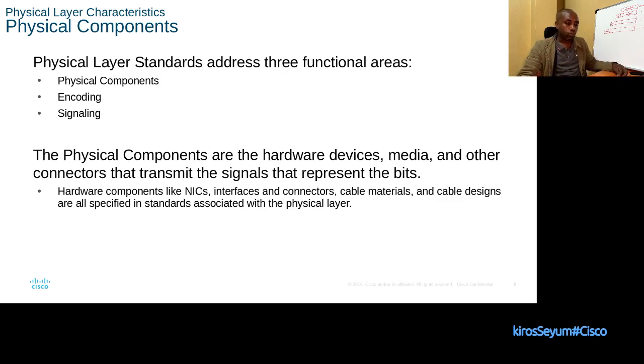You have to convert it into some kind of encoding, and from that you need some kind of either modulation or some signal conversion, so that it will be convenient for transmitting or for transporting from one point to another. So physical components are physical components, and you need encoding and then signaling, which is most of the time modulation or some form of data conversion or signal representations.